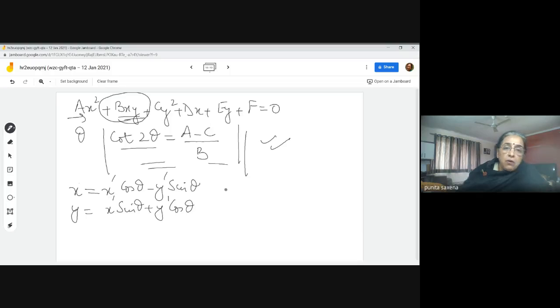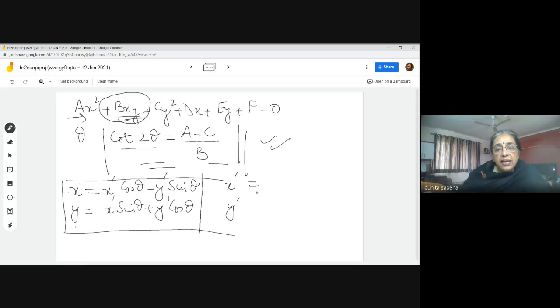Now, once you have these equations, can you use them? This was when you are writing x and y in terms of x dash and y dash. I can use them to find x dash and y dash also in terms of x and y.